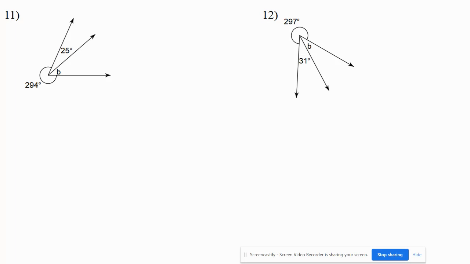Now for adjacent angles, what we're going to be doing is, I said that a whole circle is 360. So look, here I have part of a circle. So in fact, let me use red instead.